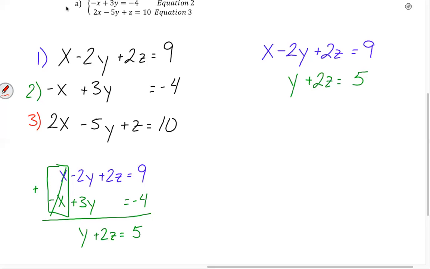So let's see what I can do. I'm hoping it works out. So I have this blue equation and I have this green equation. All right, so what can I do here? I'm going to try it one time.